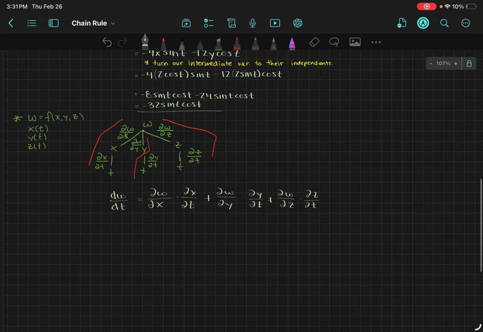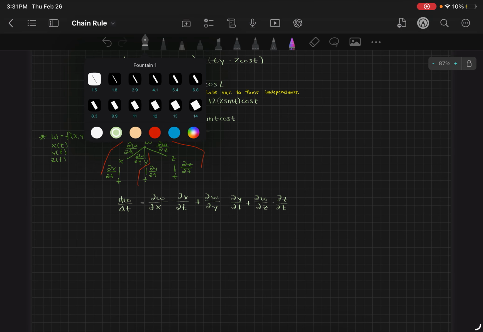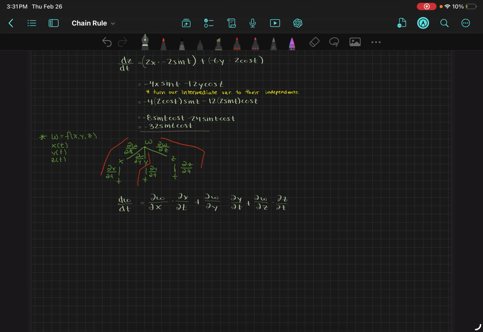That would be how you do it with multivariable, assuming that we only have x of t, y of t, z of t. That is how you would go about doing that, just as a quick little note. I am not going to do a 3 intermediate variable one.